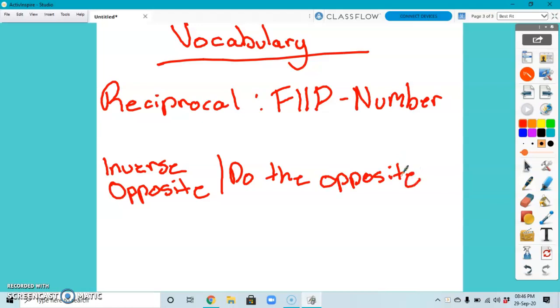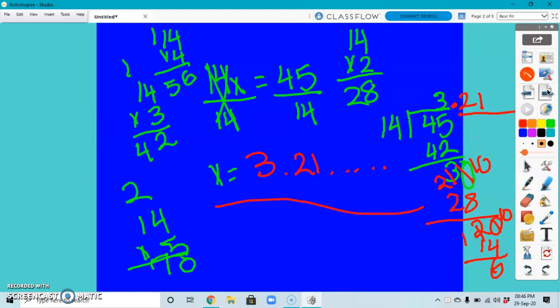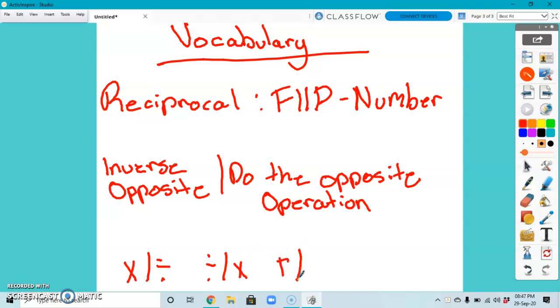The opposite operation, which, again, I'm going to write here quickly. Multiply to divide, divide to multiply, and minus to add, and add to minus.